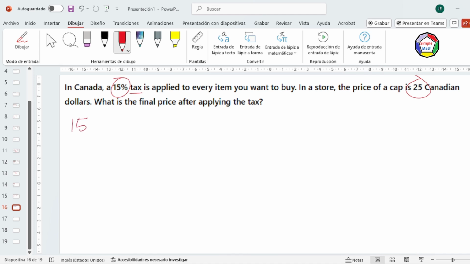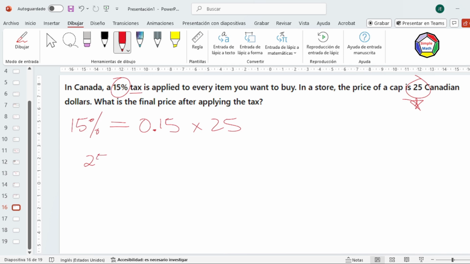Remember that 15%, I explained this in the previous videos, is equal to 0.15. So in other words, we have to multiply 0.15 times 25, which is the price we're trying to get the percent of.